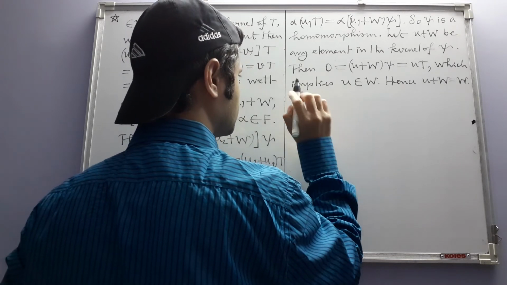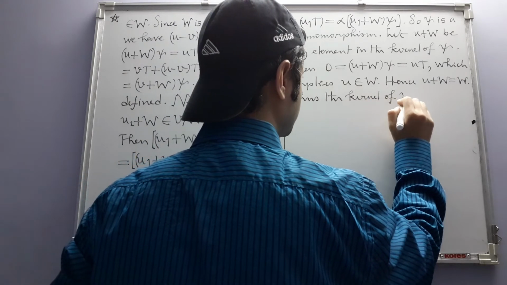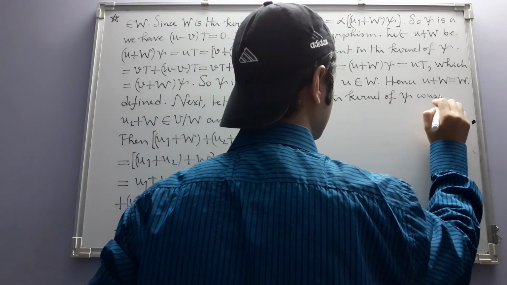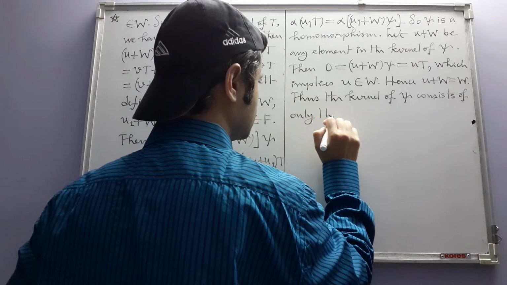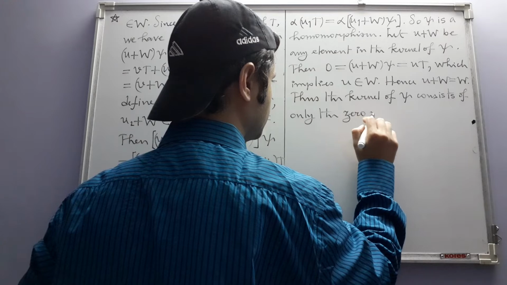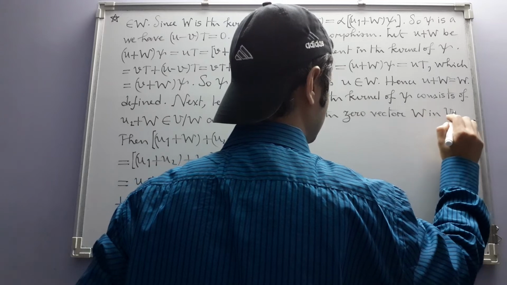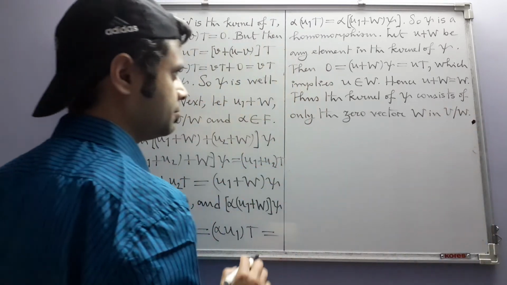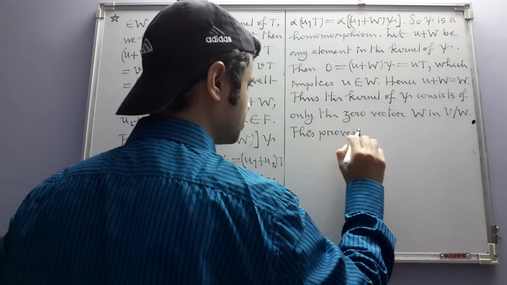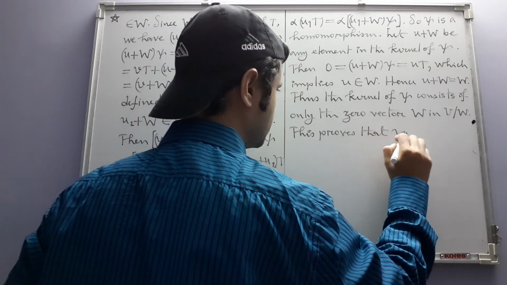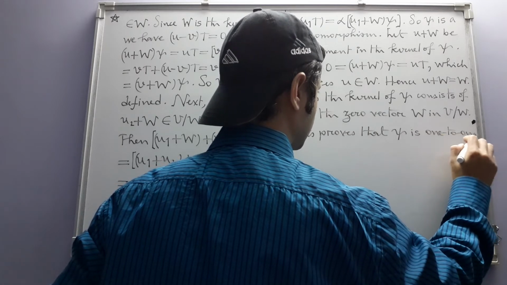Thus the kernel of psi consists of only the zero element, or only the zero vector W in U by W. This proves that psi is 1-to-1.